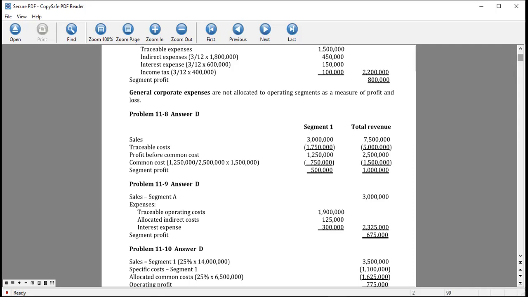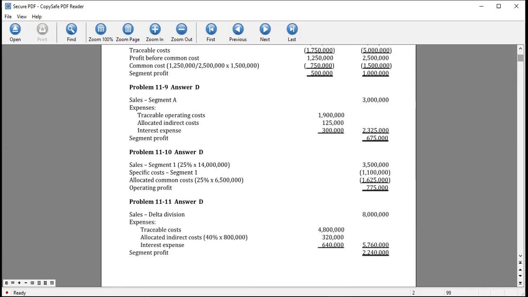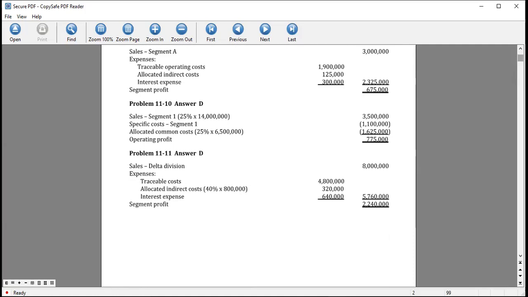That's now in 11 dash 8. In 11 dash 9, we have the amount of 675,000.